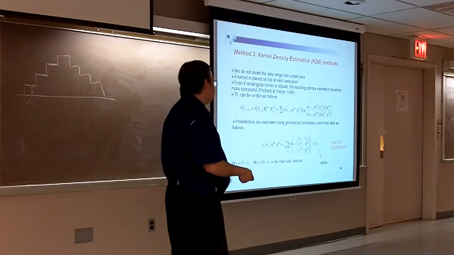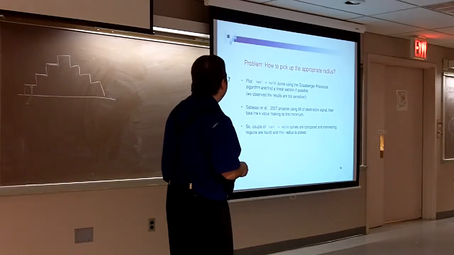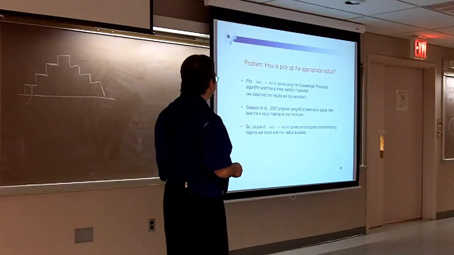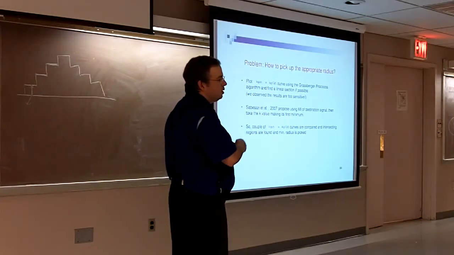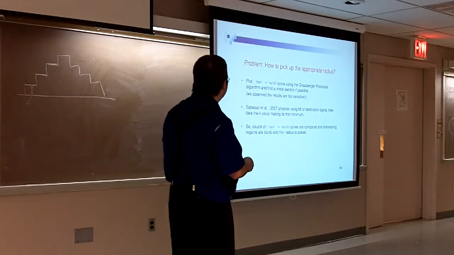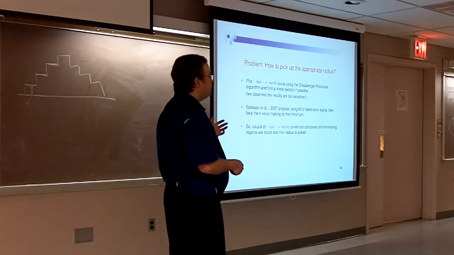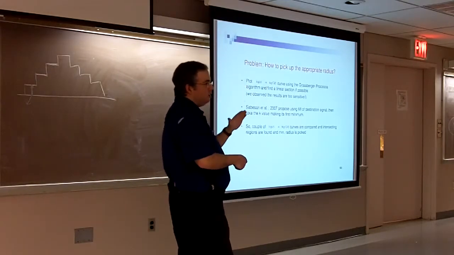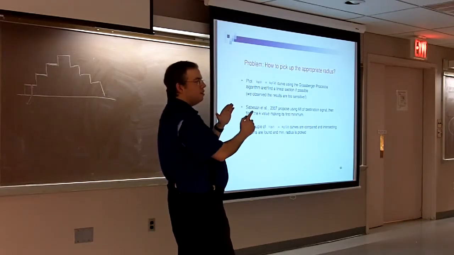So now let's go into this problem. First, you form a curve using the Grassberger and Procaccia algorithm. It is called this way because they invented it. We observed that the results are too sensitive because you need to find a linear section, and in that linear section you have to pick a radius value.